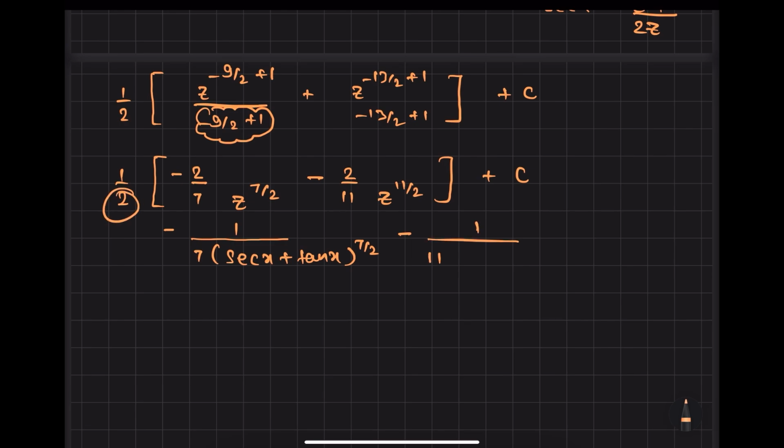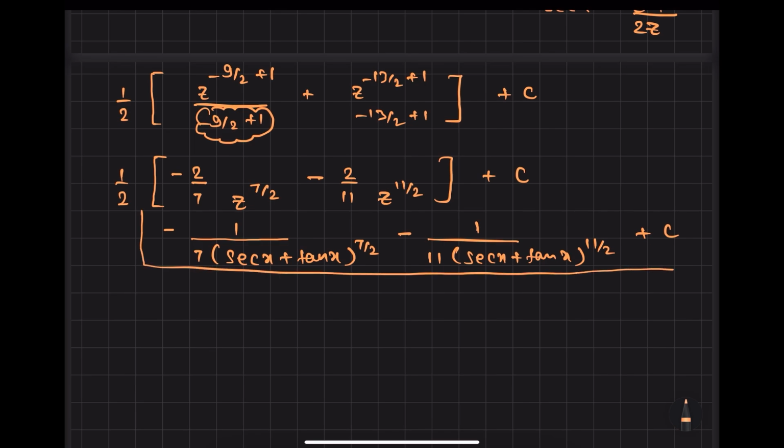That 2 and this 2 will get neutralized. Okay. So we have (sec x + tan x) power 11/2 plus integration constant, done. So this is our required result.